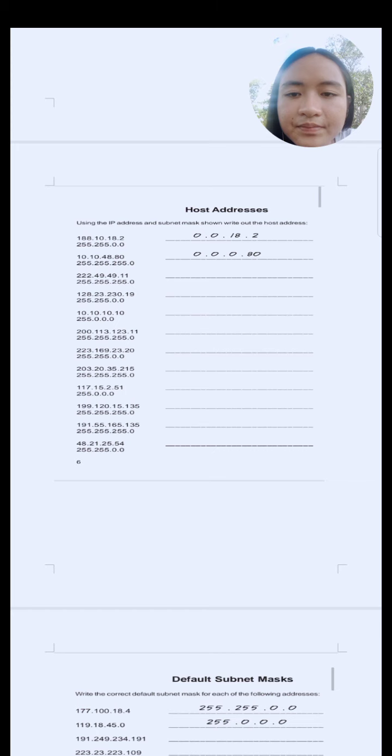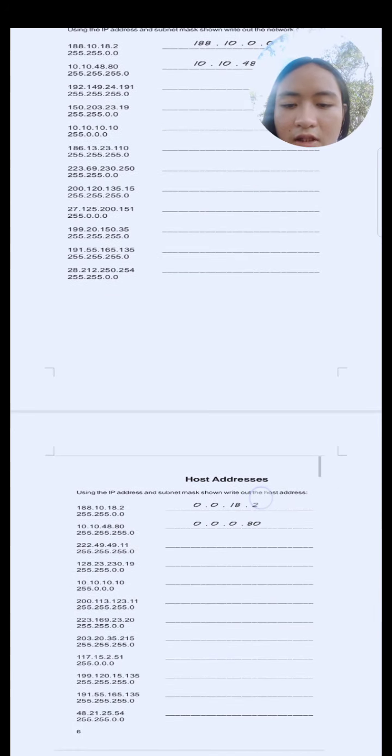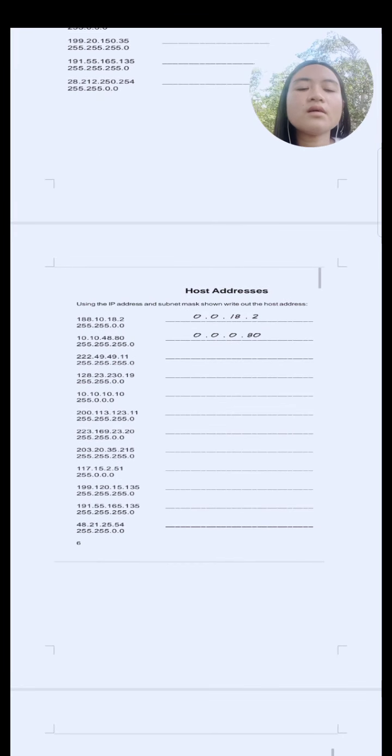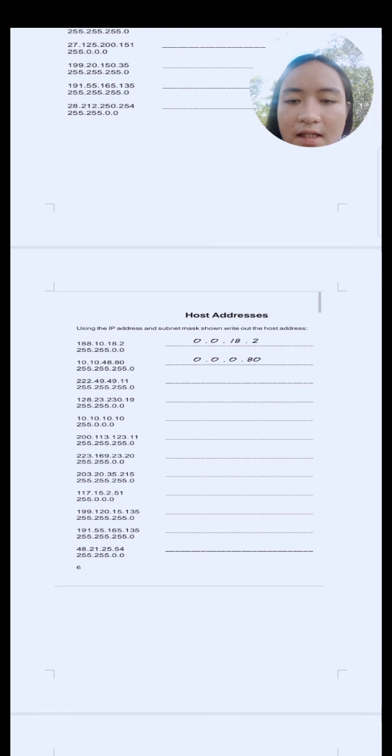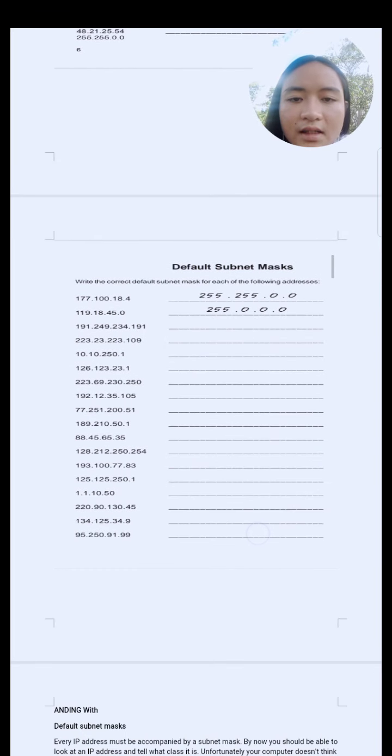I think the example is just the same. So the host address of 188.10.18.2 is 0.0.18.2. The second is 10.48.80, and its host address is 0.0.0.80.